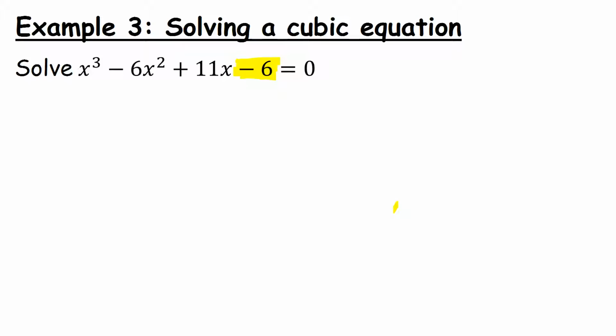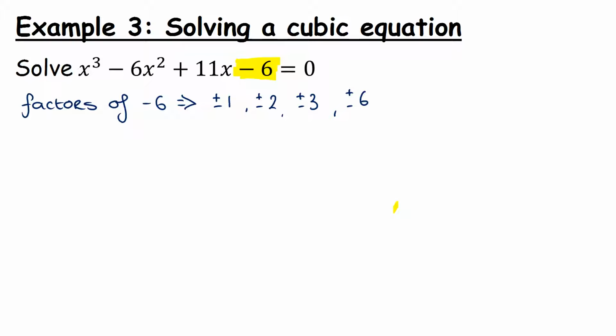So let's look at factors of minus 6. We're talking about plus or minus 1, plus or minus 2, plus or minus 3, plus or minus 6. So we should definitely have it within that.